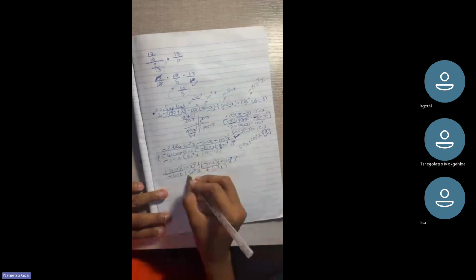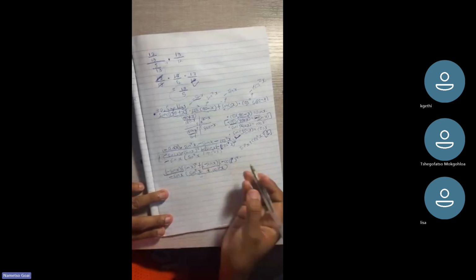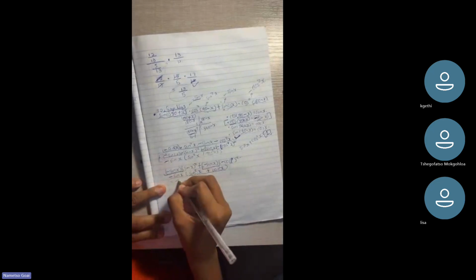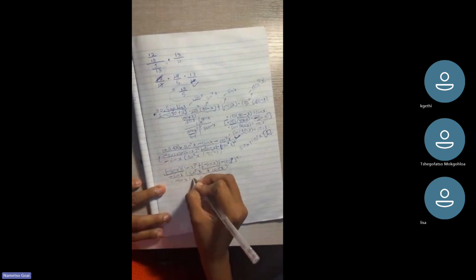So we can replace this by just writing 1. So we'll have equals negative sine x all into 1. So this will be our answer. Right? Let's do another question.